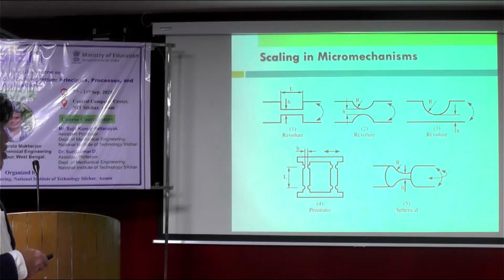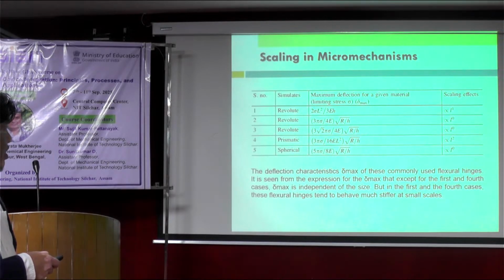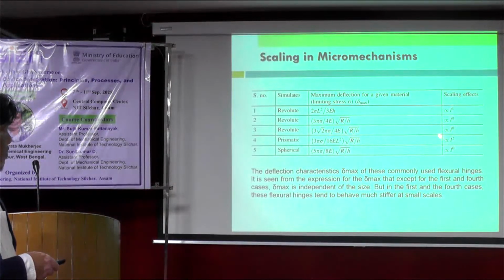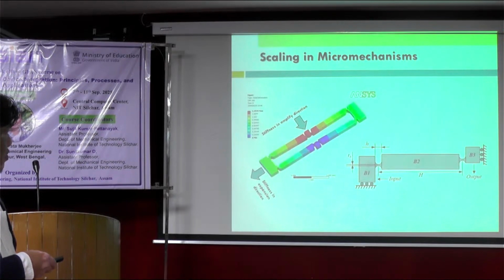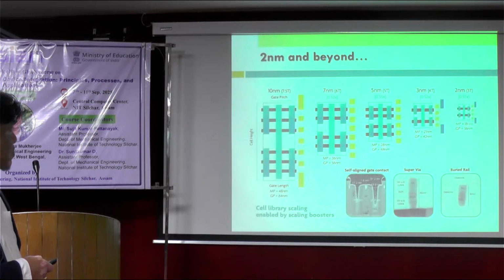So these are the hinges that can be used, for example, but the scaling effect is here. Oh, sorry. The scaling effect is here. So you can have a simulation of this kind of hinge, then get the power output.